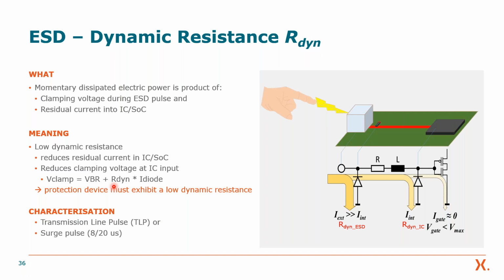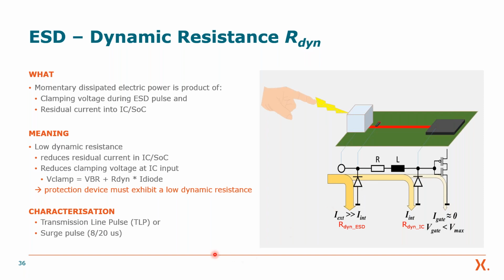So the dynamic resistance should be as low as possible, because the current divider that is formed with the external ESD protection is becoming better if the dynamic resistance is lower. There are two approaches to define the dynamic resistance.